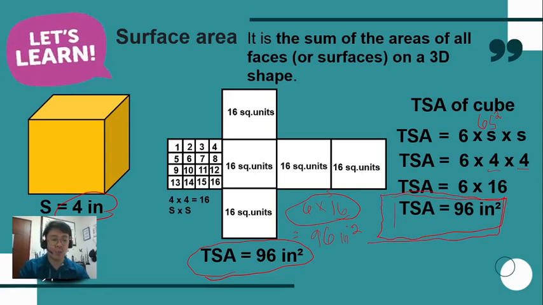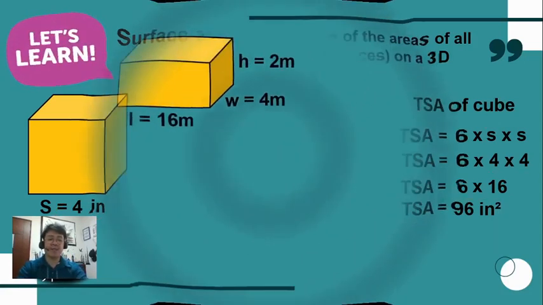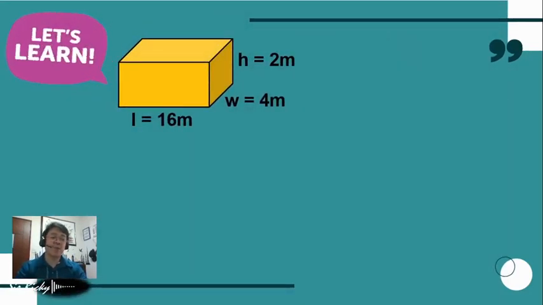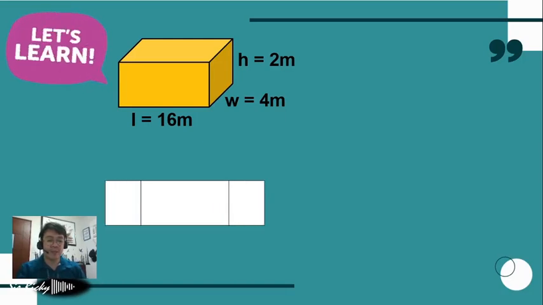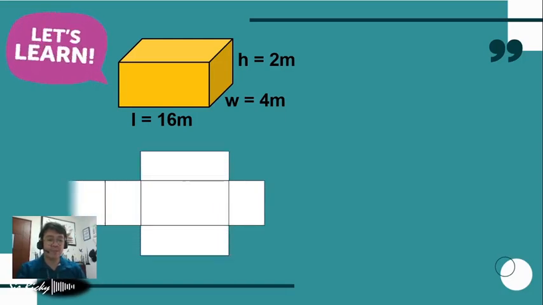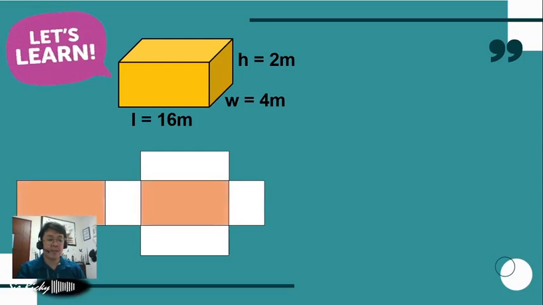Ricky used. Okay, now let's try this one. What will be the total surface area of this solid figure? If we open it up, this might be the net of this solid figure. This part will be the top and the bottom. So this will be the top, this will be the bottom.